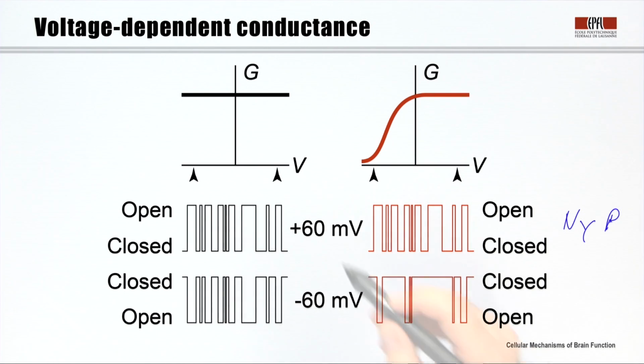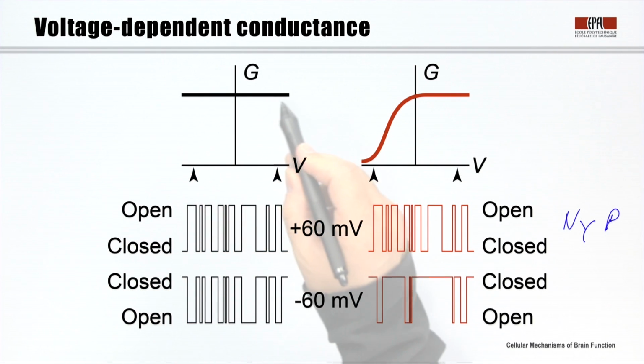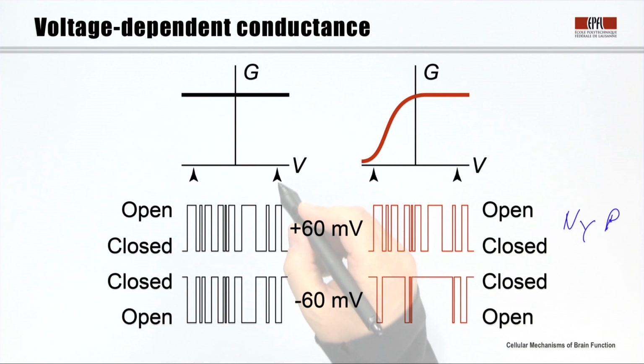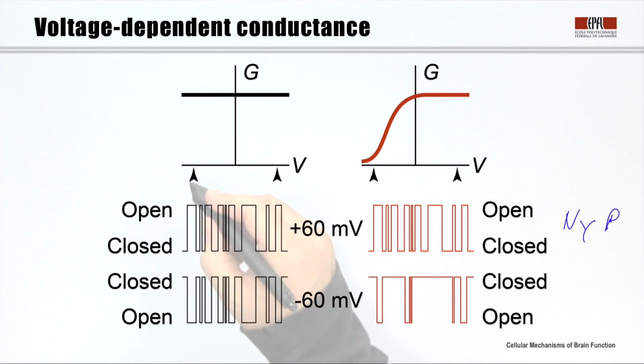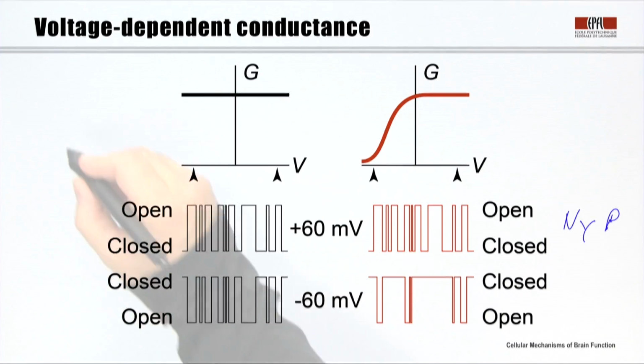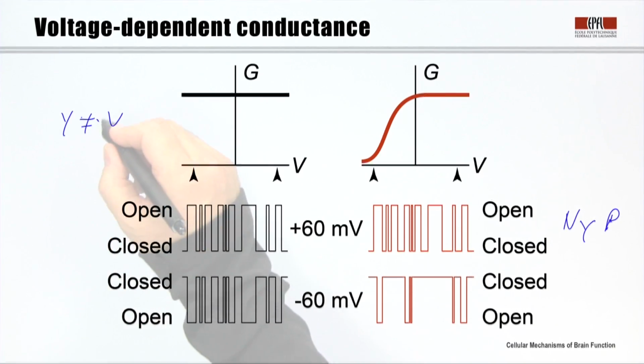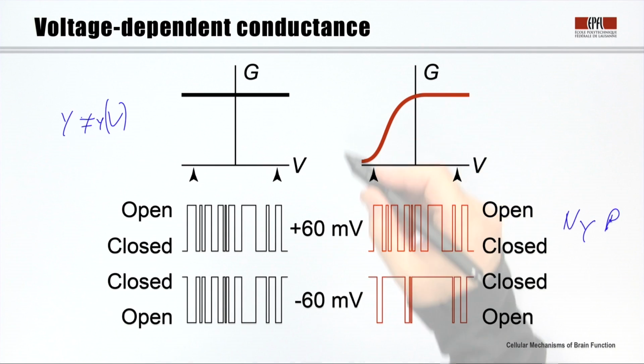And so for a linear conductance, the conductance is independent of membrane potential, so it's a flat line. The conductance is the same at positive and negative potentials, because the open probability is the same at positive and negative potentials. And we've agreed that the single channel conductance is not a function of voltage. For the voltage-gated scenario, we have a change in open probability with voltage.